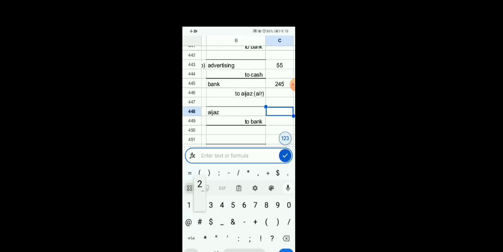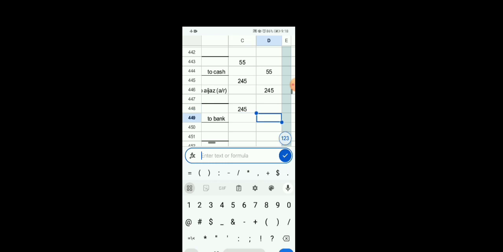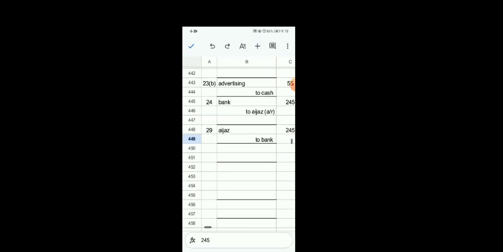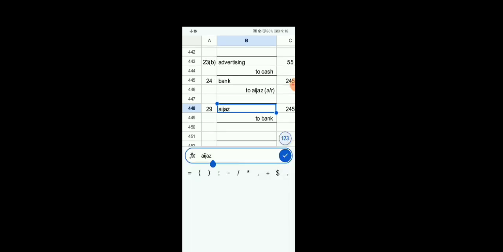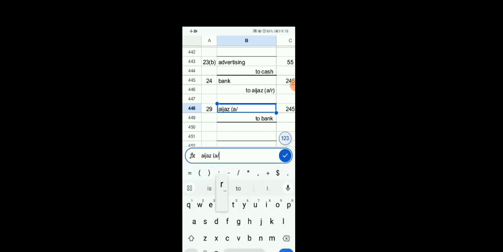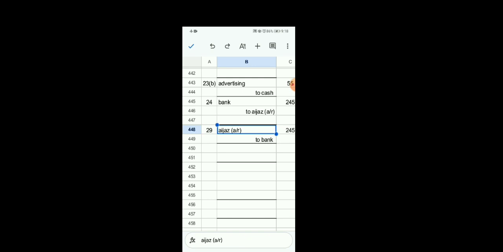Same amount you will be going to receive from Ejaz. Again Ejaz is becoming your account receivable or asset again. So that is why you are mentioning Ejaz name on debit side, because he is still your asset, still your account receivable, which should be mentioned on debit side. 29th entry we have completed.